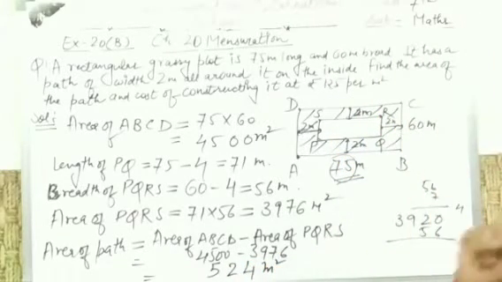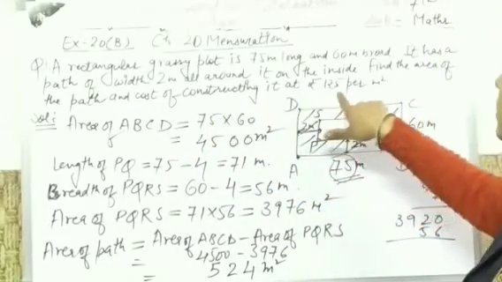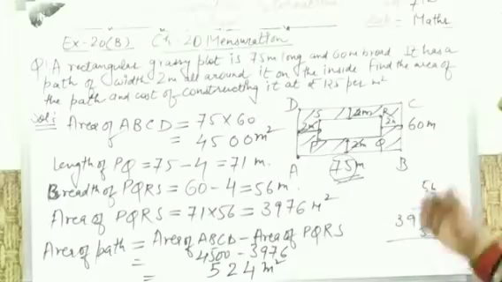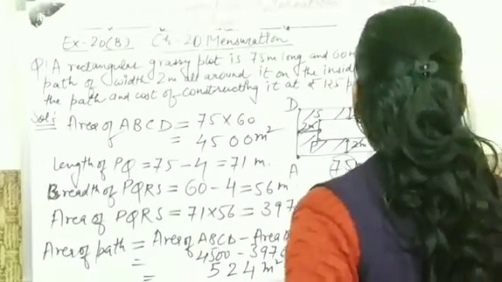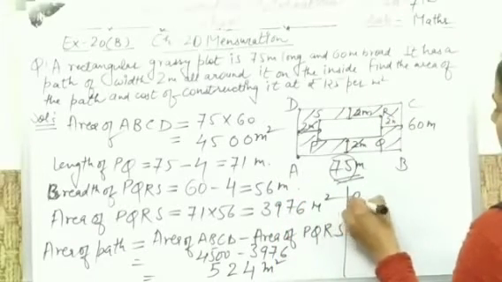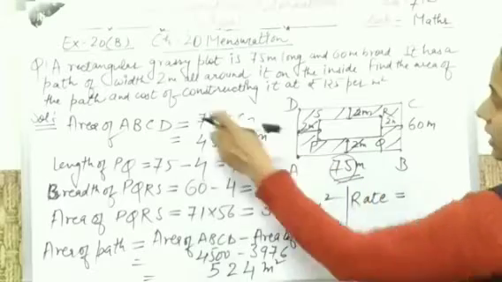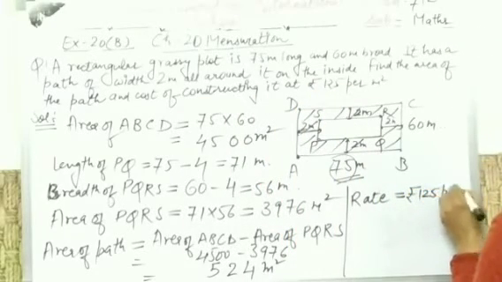But we also have to find the cost of constructing it at rupees 125 per meter square. So the rate of constructing the path is given, which is rupees 125 per meter square.